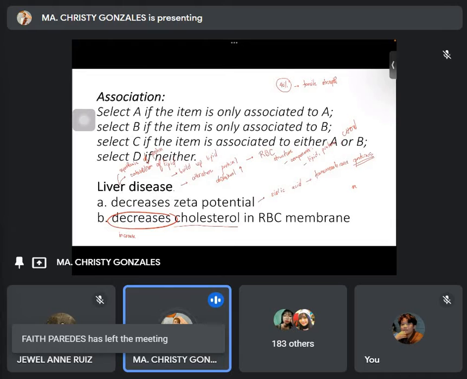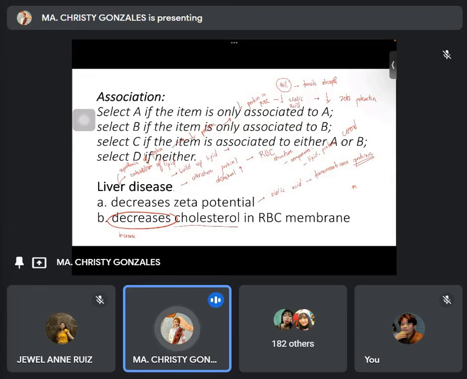So, because of that, when there is liver disease, our protein decreases. So, when the protein decreases, the protein in our RBC also decreases. And because of that, the sialic acid decreases. When the amount of sialic acid decreases, the zeta potential decreases. So, this one, lipid build-up. So, cholesterol in the RBC membrane increases. Okay? So, the only correct answer here is letter A.